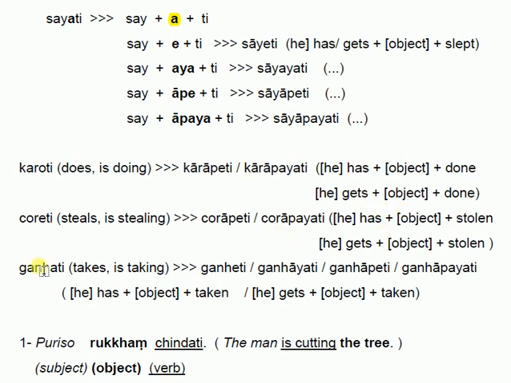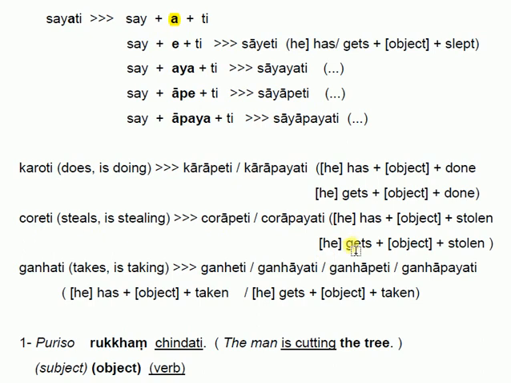And choreti, steal or stealing. Its causative verb is chorapeti or chorapayati. You can see we add only these two because here we remove E, right?